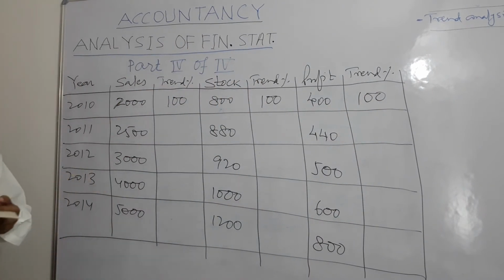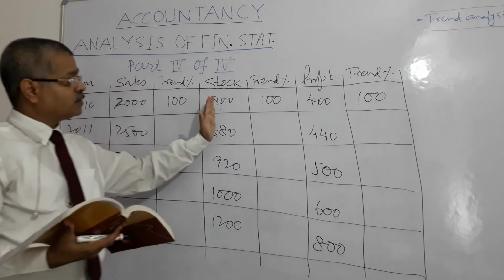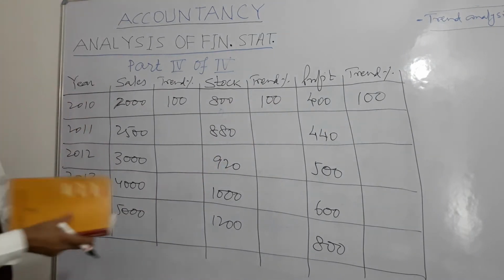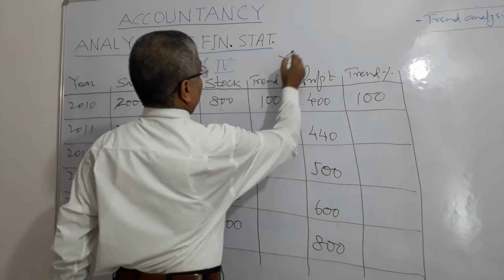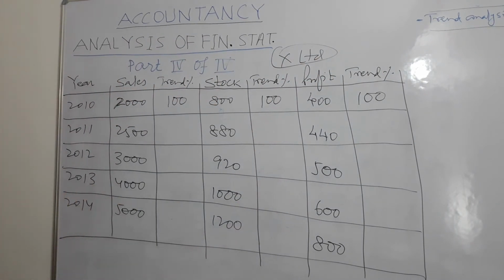Calculate the trend percentages from the following figures of sales, stock, profit of X Limited, taking 2010 as the base year, and interpret them.